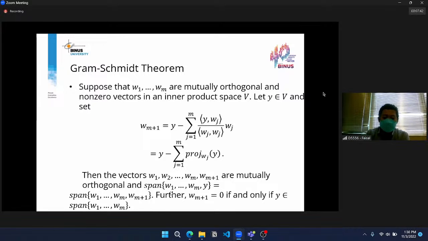So the linear combinations of the first set equal the linear combinations of the second set. I will give an example of how we construct an orthogonal basis from the formula in the Gram-Schmidt theorem.